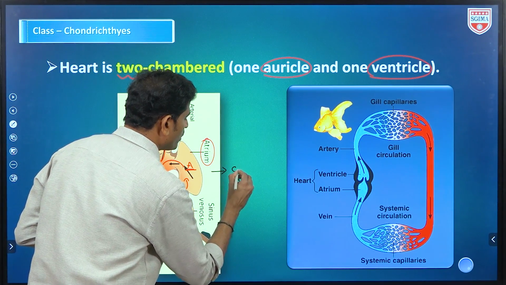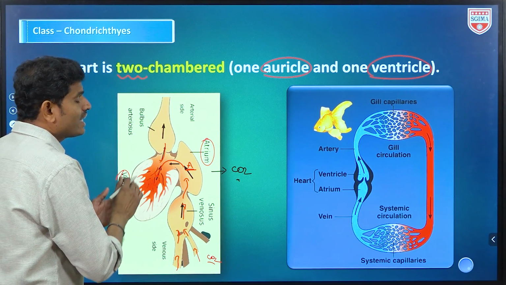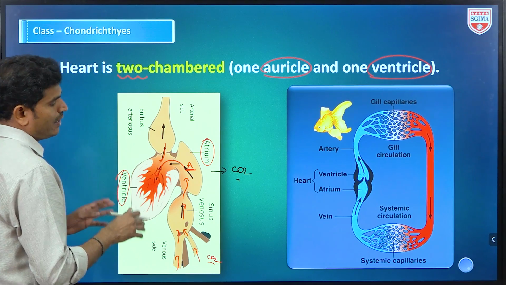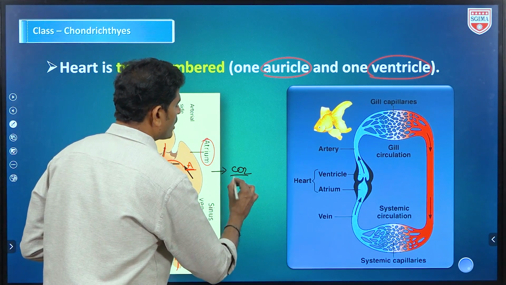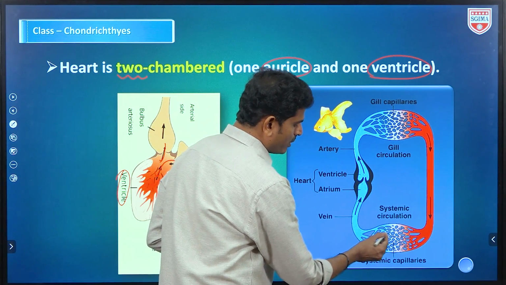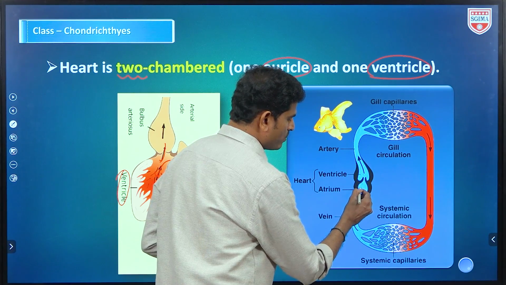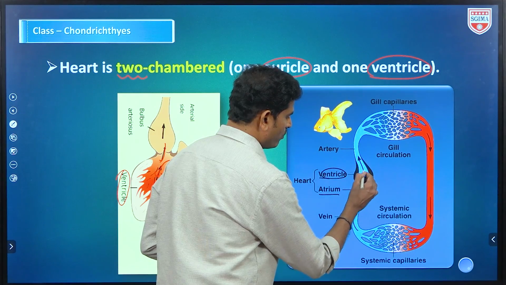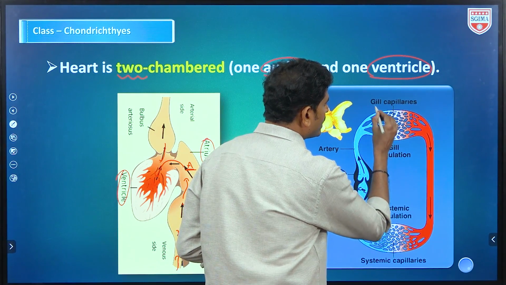That is why the fish's heart is known as a venous heart, because the auricle and ventricle are totally filled with CO2 blood. Now, blood is collected totally from tissues and organs, and this is CO2 blood. This is the atrium, and from the atrium to the ventricle, from the ventricle to the artery, and from the artery to which one? The capillaries present in the gills.